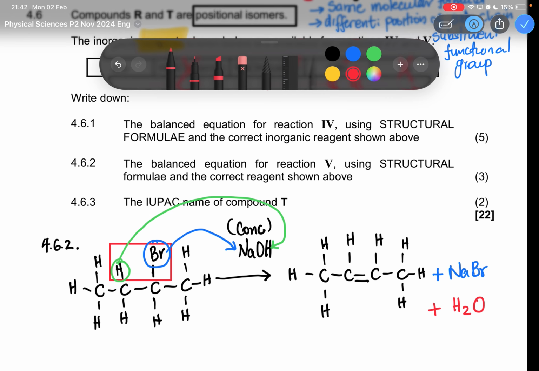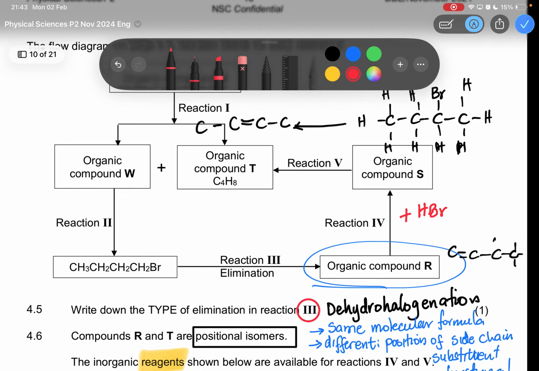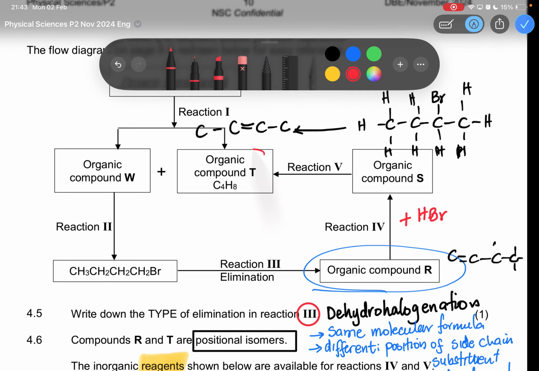Yes. So there's another question there, 4.63, which says, give us the IUPAC name of compound T. Compound T is here.